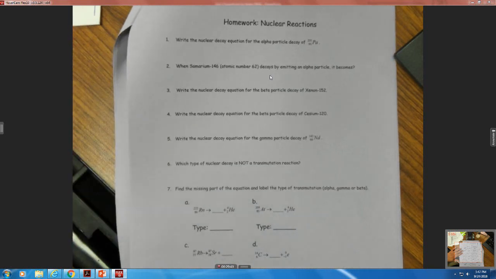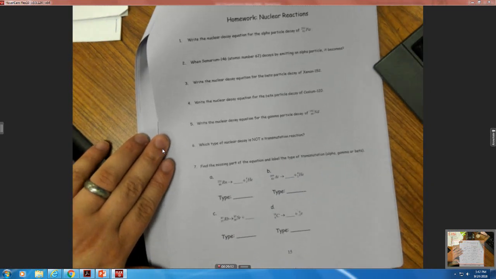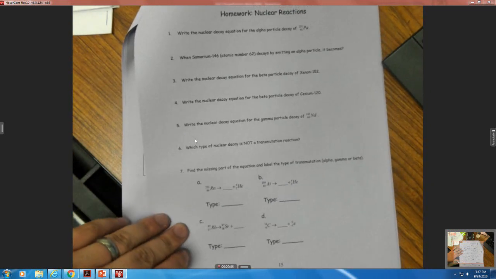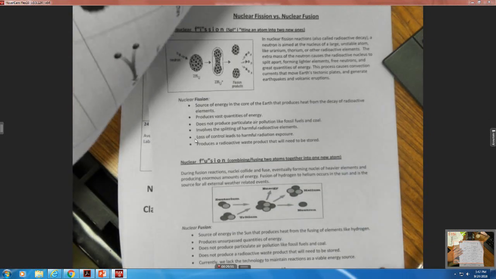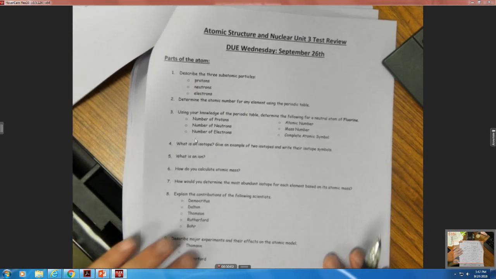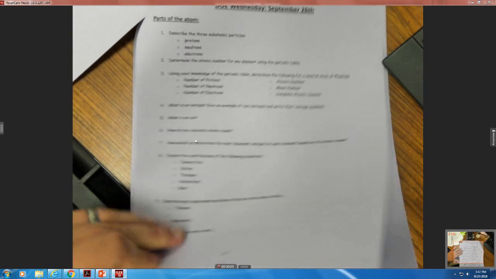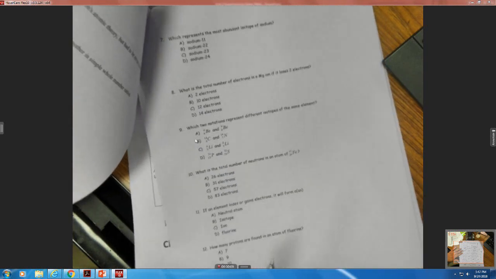But make sure that you take care of this. And remember, guys, we do have a test coming up on Thursday. So the review, which is in the back of your packet, the review starts on page 19 and goes through page number, I think it's 22.